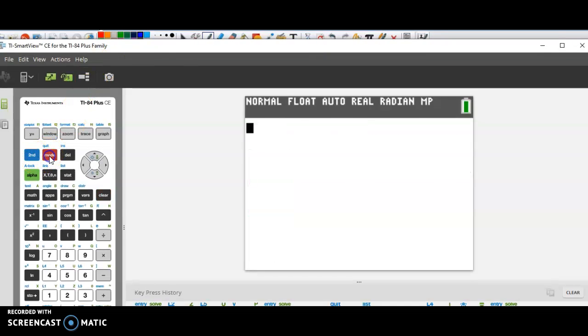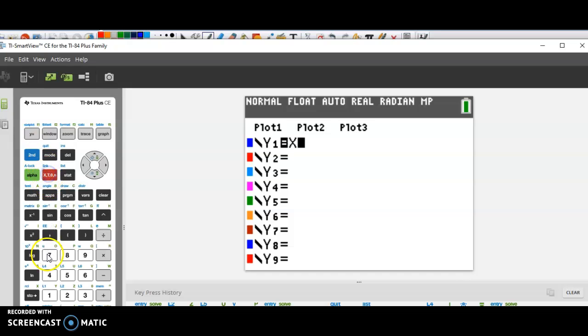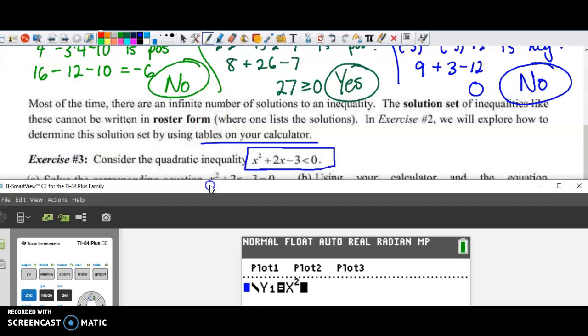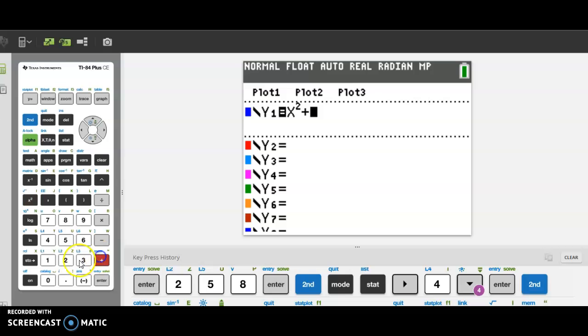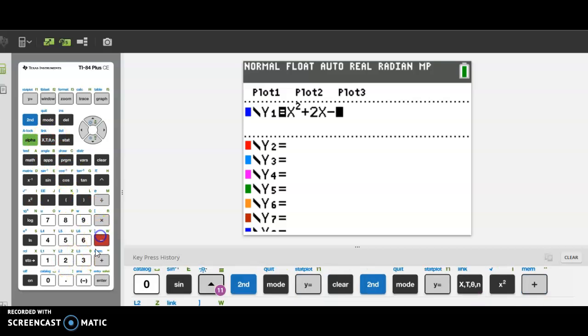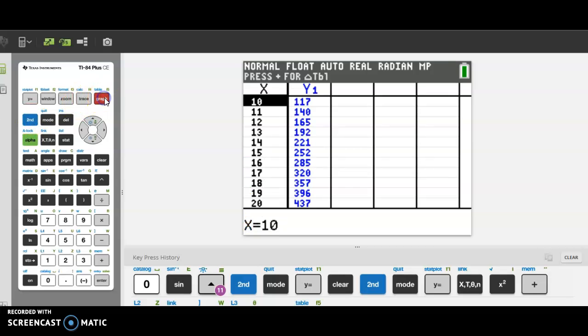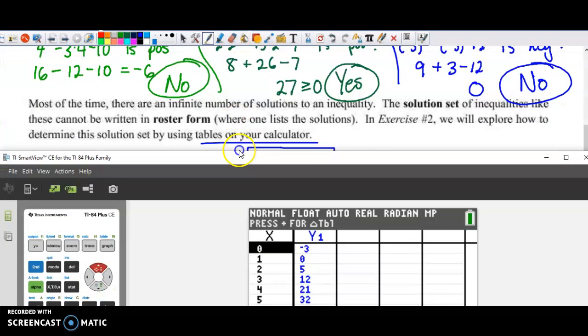So again, from the home screen, I just hit this button in the top left, y equals, and we have x squared plus 2x minus 3. And then from here, all I have to do is hit second graph, and I can explore my table and see what kind of answers we get.